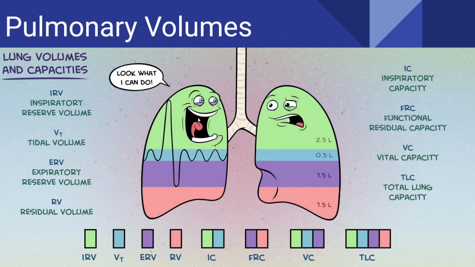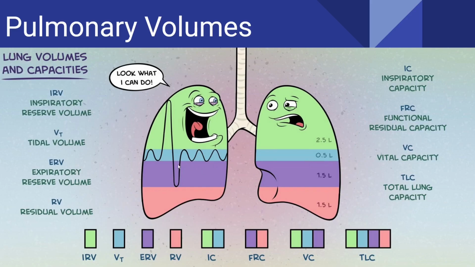And there's a fun little picture here that kind of shows these different volumes. There's lots of them, and you can measure all these with basic technology like an incentive spirometer. That's one of the things we use in the ICU, to measure a tidal volume. We also use it to measure inspiratory capacity, so how much a person can take in one big breath.